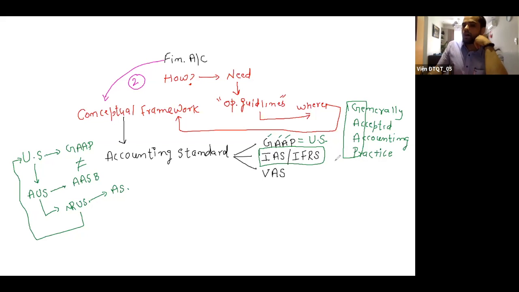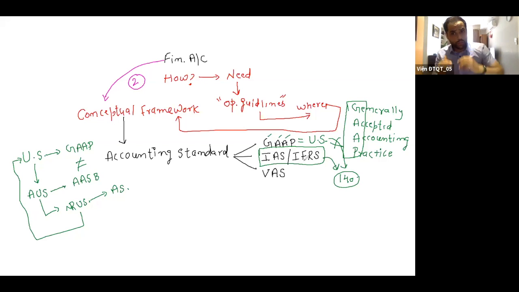So what is the good thing about these standards? Of course, it's an international level standard. So different countries in the world, they follow these standards, right? So right now, more than 140 countries in the world are following this standard. But of course, US does not follow IAS.